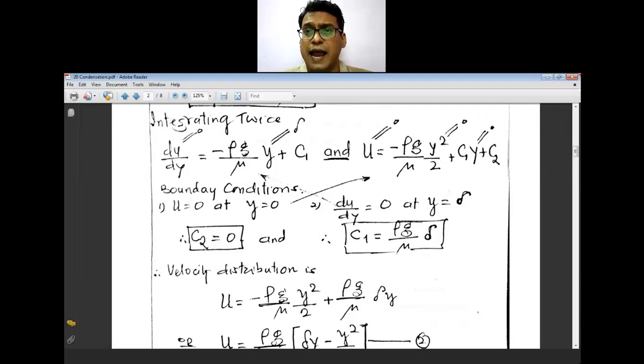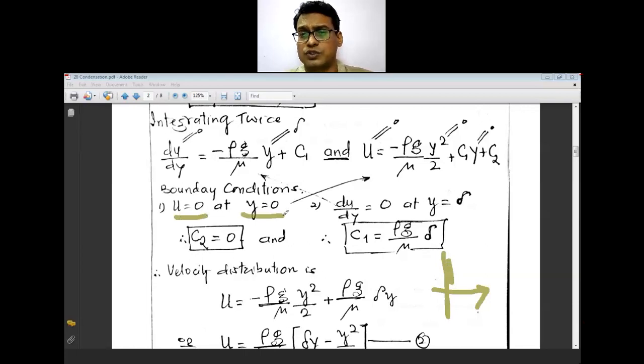That means at the surface, in this y direction, the velocity of the fluid around this metal plate will be considered to be 0. So u is equal to 0 at y equals 0.